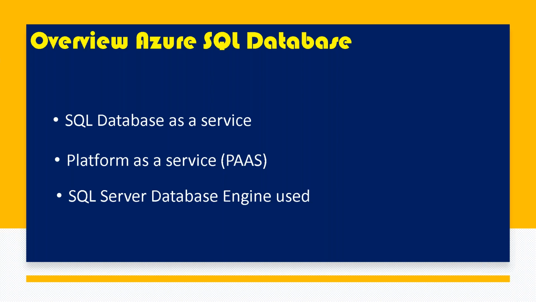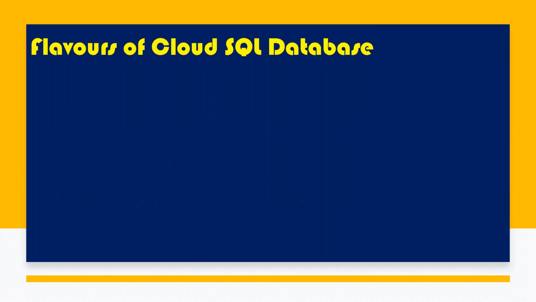So on top of the SQL Server engine, we are going to use our SQL database. The SQL database we cannot create directly. First you have to create the database server, then you can create the database. The server should be created, then only the engine will be there, and on top of that engine you can create your database.